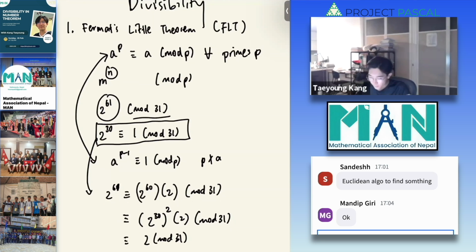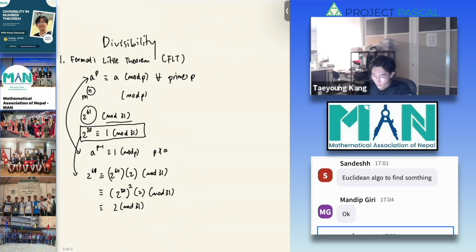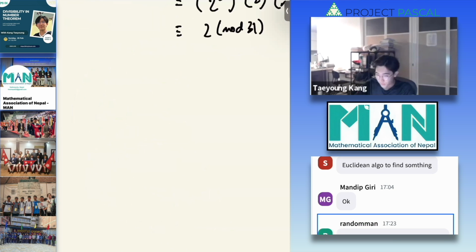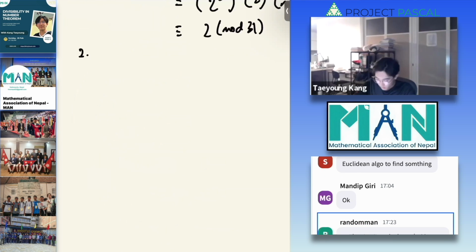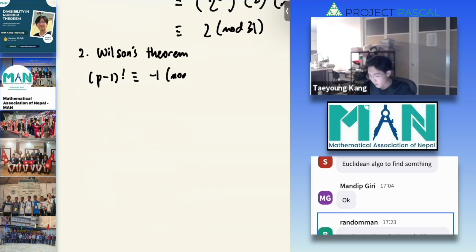The second one I brought up is Wilson's theorem, which states that p minus 1 factorial is congruent to minus 1 mod p for all primes p.